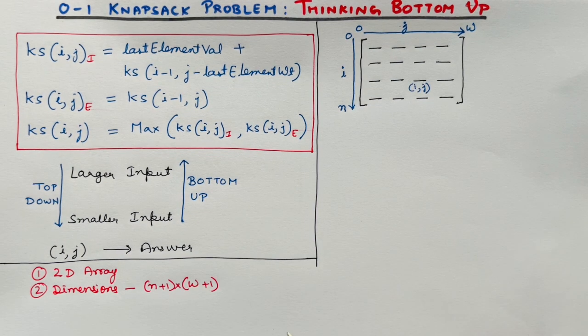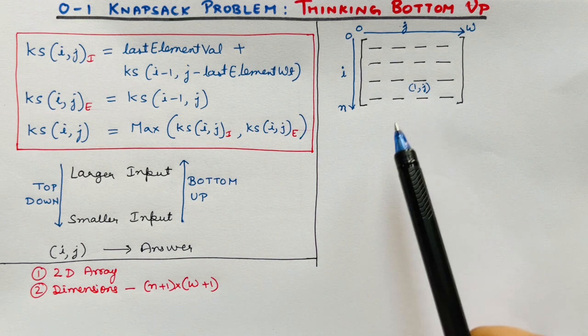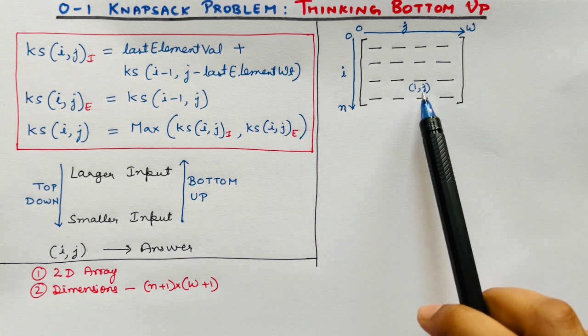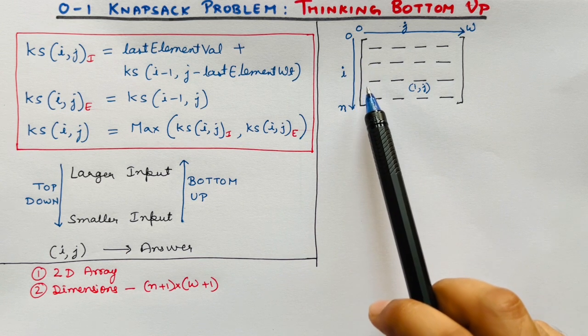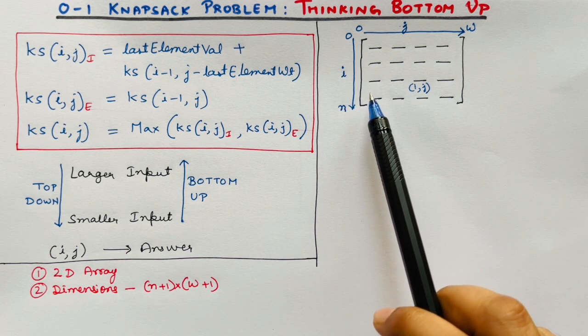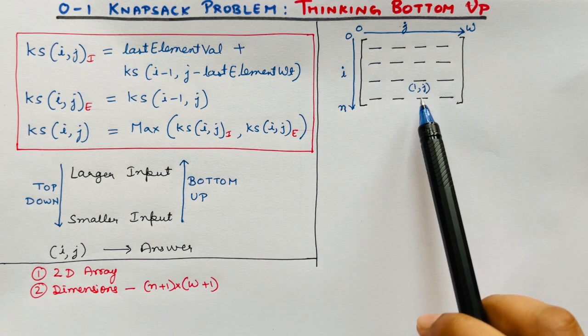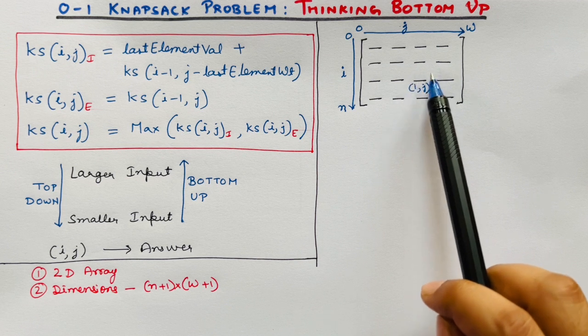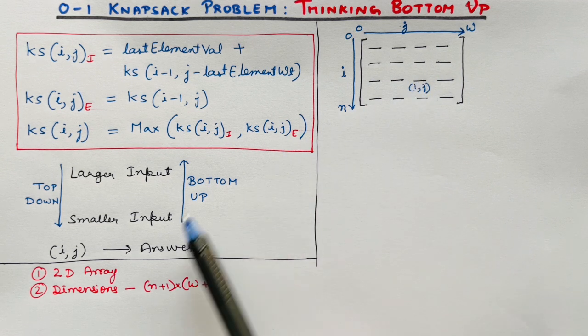Now let us see what any position i, j means in this matrix. This position means that we are considering the first i items from the items given in the question and the capacity of the knapsack is j. What will the value at such a position signify? The value here will signify the answer.